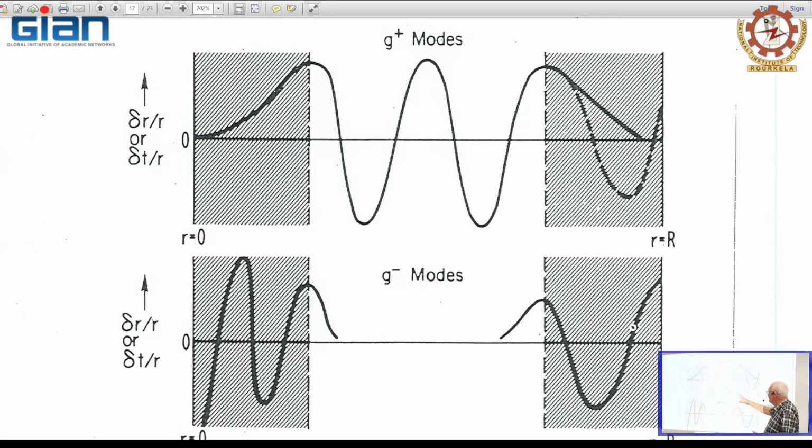And then we will find this propagation behavior: the G plus modes propagate in the stable region, the G minus modes are evanescent there, and the opposite is true for the convectively unstable regions. Then the G plus modes have evanescent behavior and the G minus modes propagate there. Okay? No reference to any stellar model here.